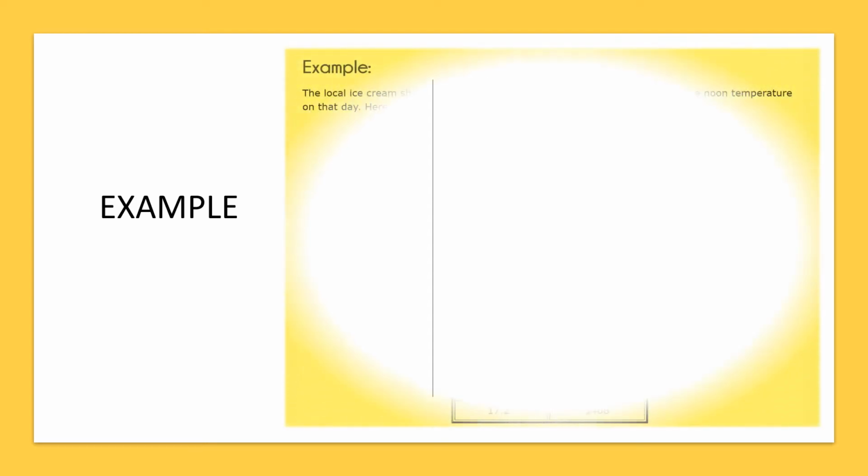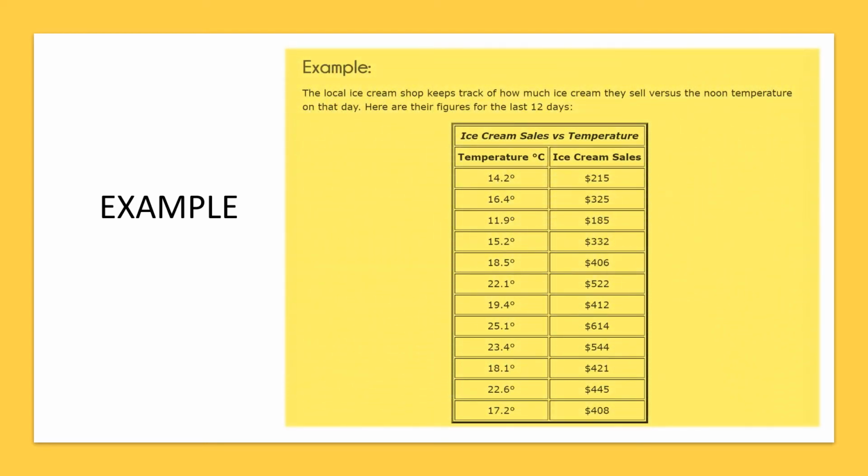To understand the scatter plot, let us take an example. In this example, the local ice cream shopkeeper tracks how much ice cream he sells during the noon temperature. So he has x to represent the temperature and y, which is the predicted value, the response variable, as the ice cream sales.